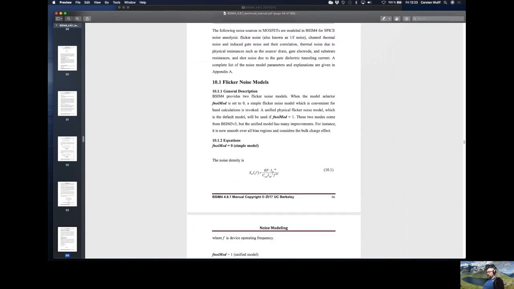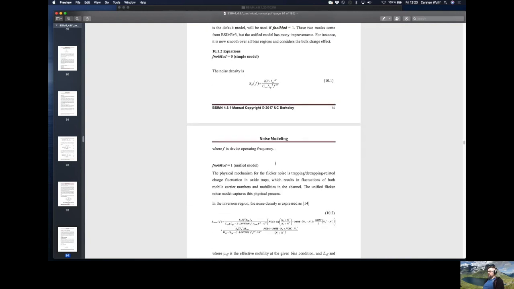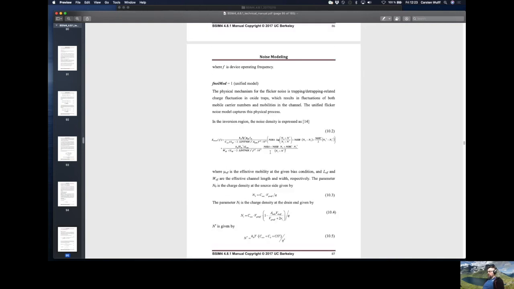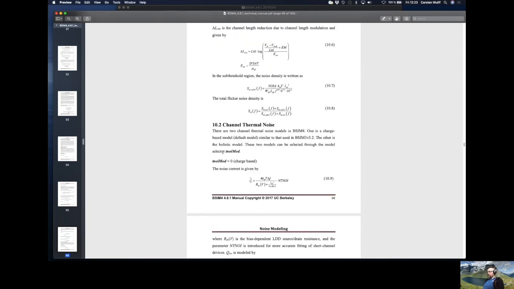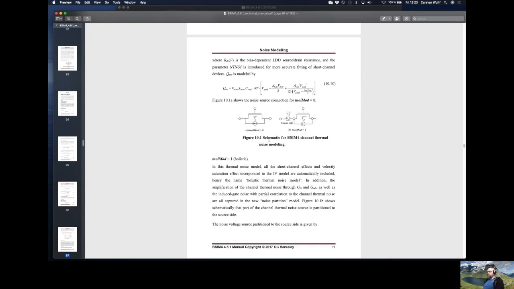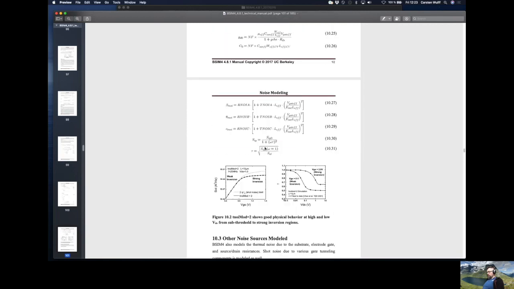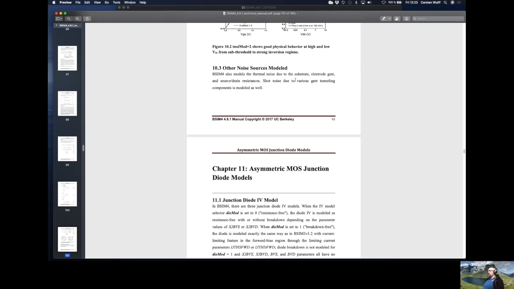So we have flicker noise, and this is how the flicker noise is modeled. We recognize coefficients and 1 over the effective frequency. Slightly more complicated stuff. Channel thermal noise, so we can see how that's modeled in some sort of 4kT something. And let's see other noise sources. That's what I'm most, yeah, here we go. Thermal noise due to substrate, gate electrode, source, drain, shot noise due to various gate tunneling components is modeled via LSFL.